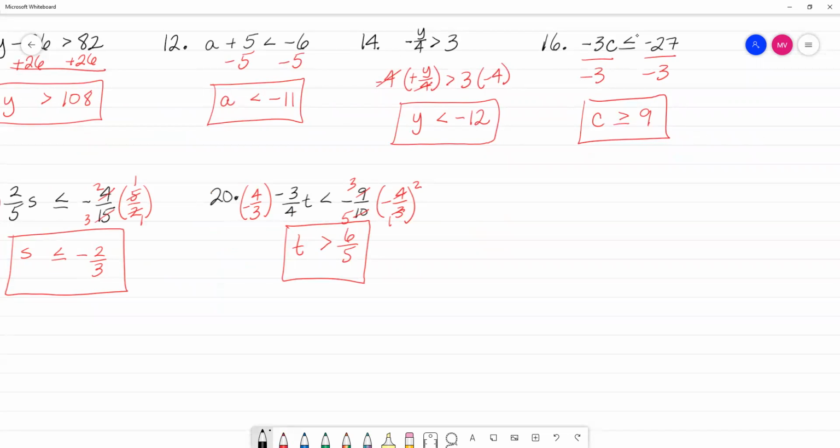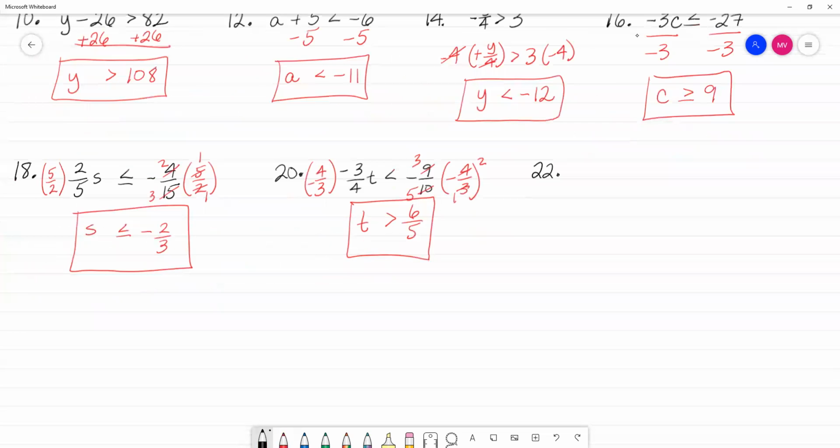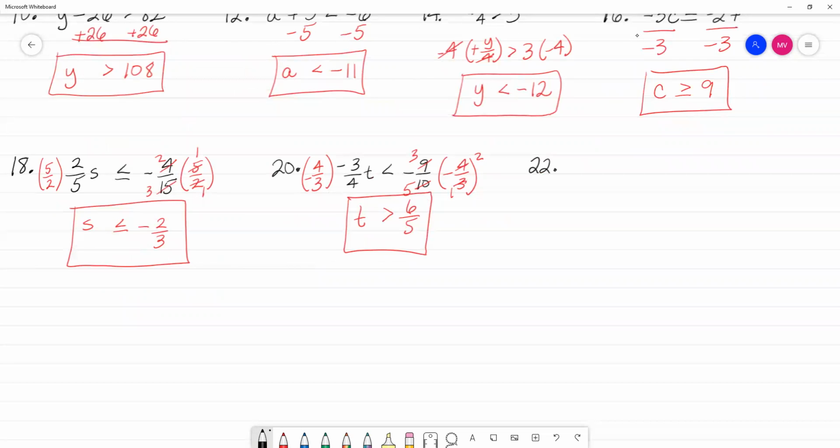All right, number 22. All right, let me get that all to fit there. All right, so 2 times 4n is less than 6. What do you want to do first? In mine, it's multiplying. Is that 2 times 4, or 2 minus 4? I know, they wrote it in a way that is extremely confusing. But we want to simplify first.